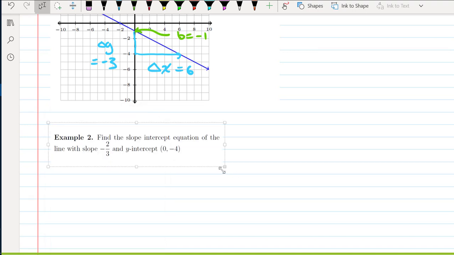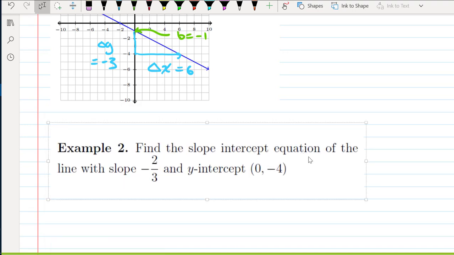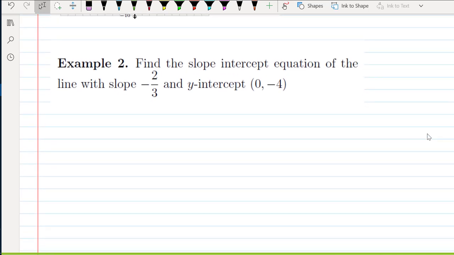In fact, it's the easier version of that problem because we are just given all of this information explicitly. So it says find the slope-intercept form of the equation of the line with slope -2/3 and y-intercept (0, -4). So we have m is going to be -2/3. Well, and this is the ordered pair (x, y), or the y-intercept.